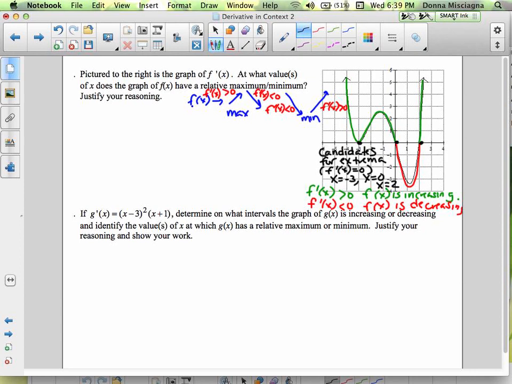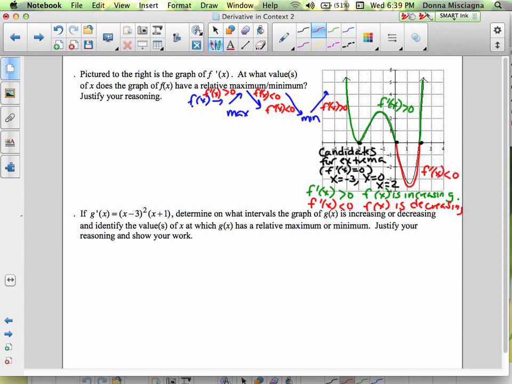All right, so now let's take care of the maximum first. So f prime of x has to go from positive to negative. So now if we look at our graph right here, f prime of x is greater than 0. Right here, f prime of x is less than 0.